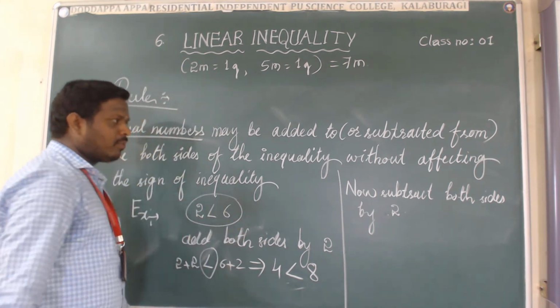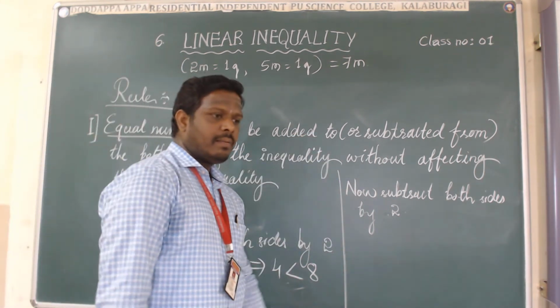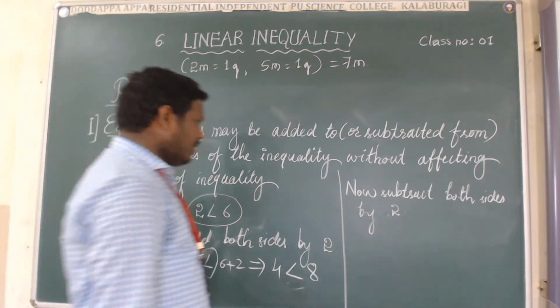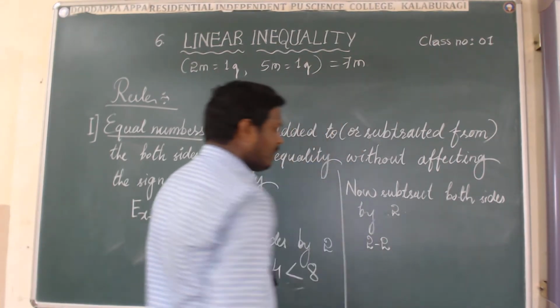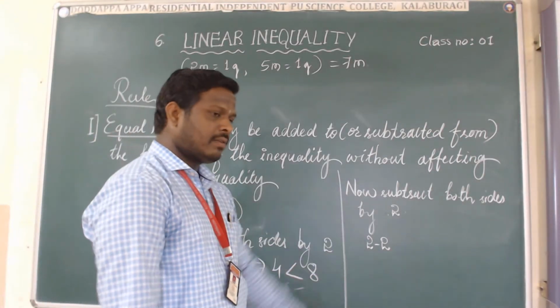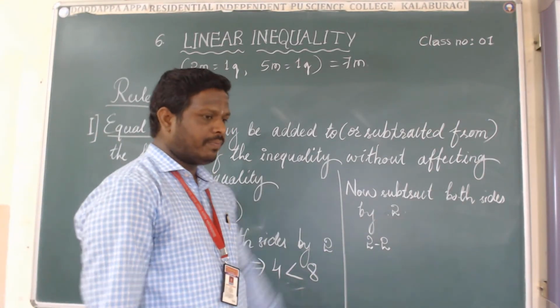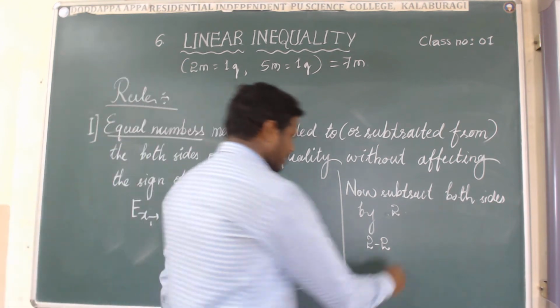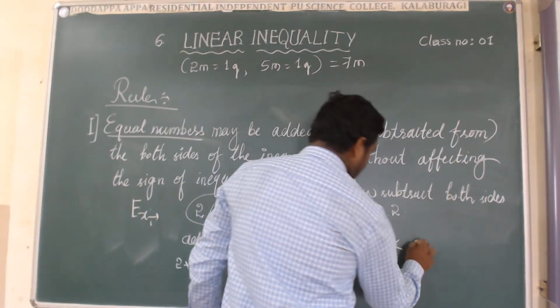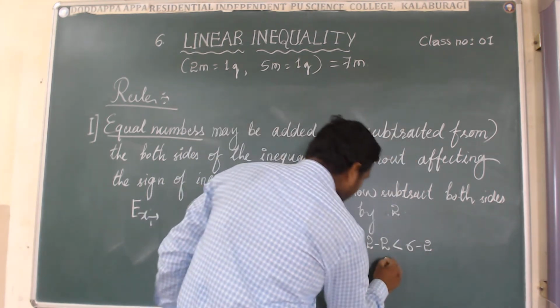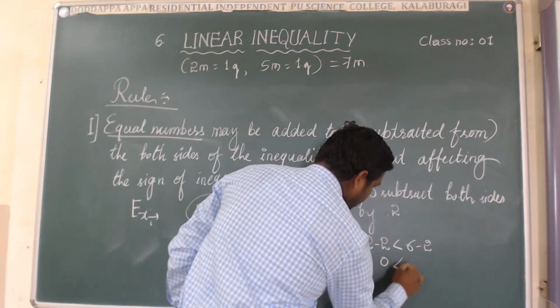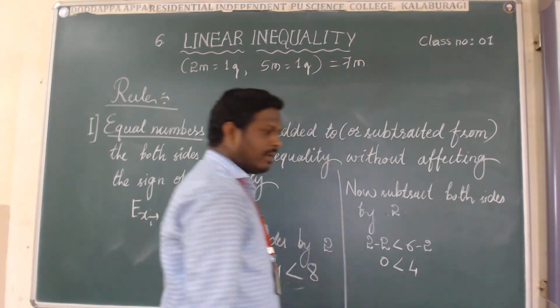In this statement only, I am going to subtract by 2. So what will happen here? 2 minus 2, subtract means we have to take the difference on both sides with the same value. Again the symbol remains, and 6 minus 2. Simplify, we will get 0 is less than 4.